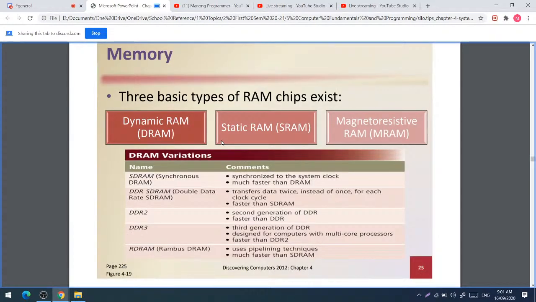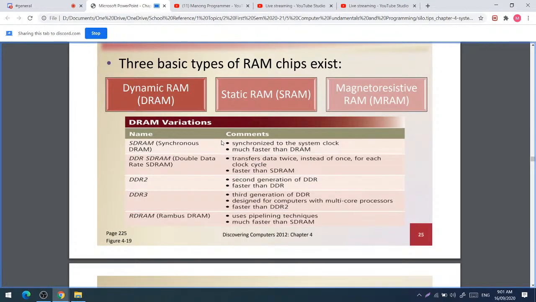There are 3 basic types of RAM: DRAM, SRAM, and magnetoresistive RAM or MRAM. Please consider these types of RAM if you are to buy your computer later on. When we say SDRAM or synchronous DRAM, it is synchronized to the system clock.